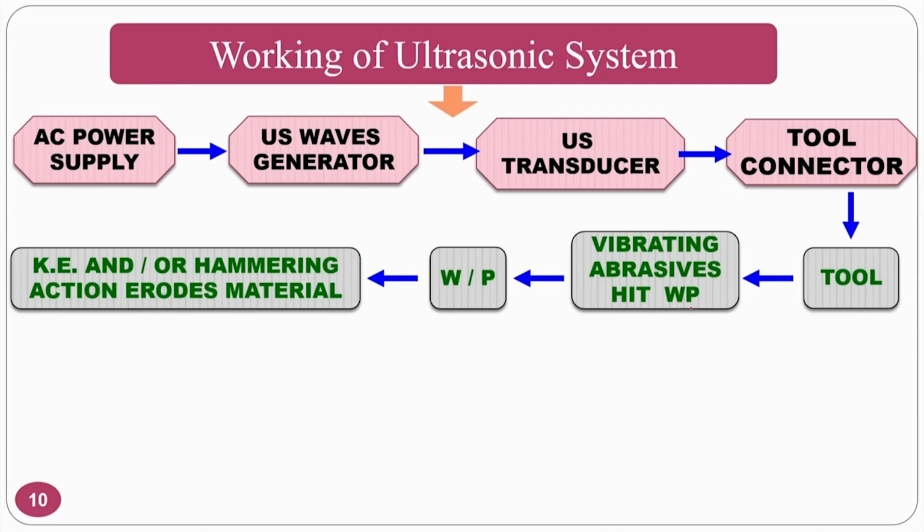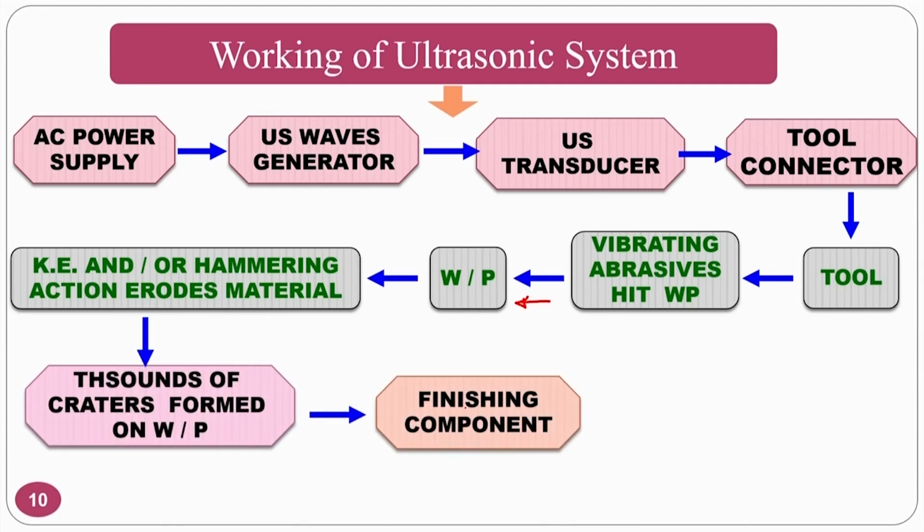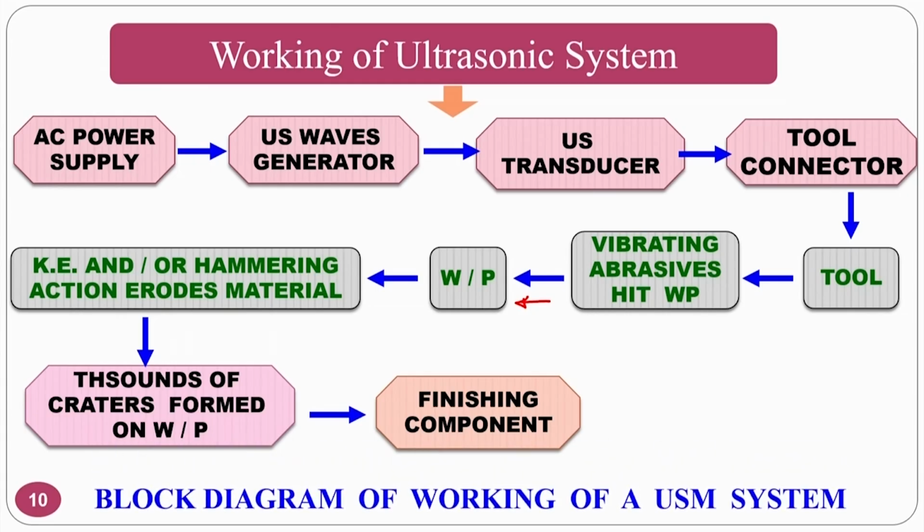This vibrating tool will hit the abrasive particles, and these abrasive particles will hit the workpiece, and the kinetic energy or hammering action of the abrasive particles on the workpiece will remove the material. This is how the complete ultrasonic system works.